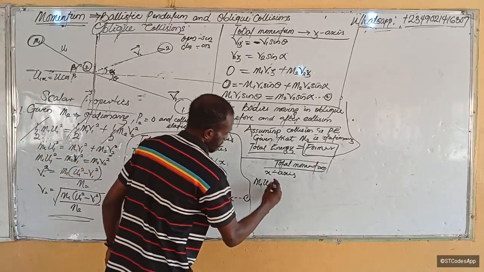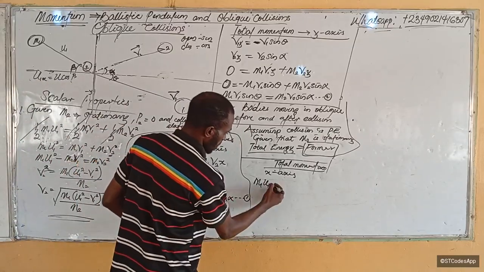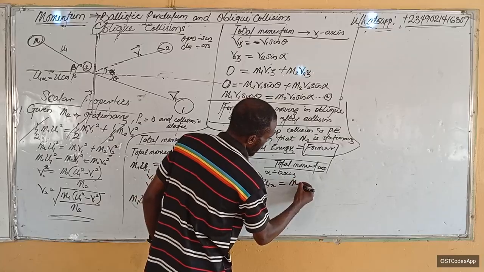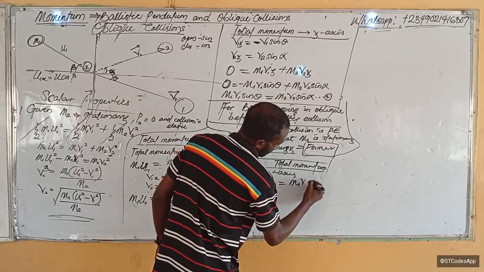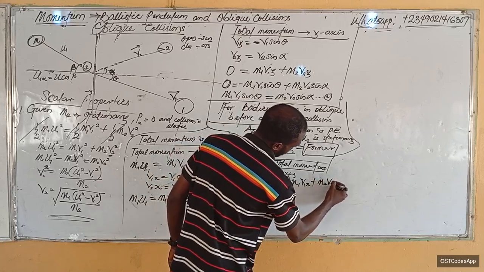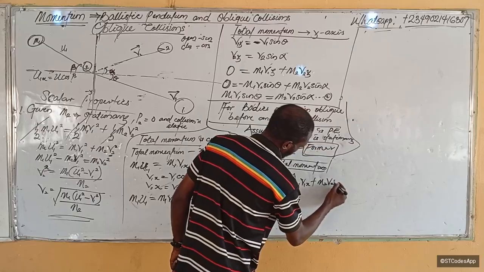U1 cos beta. So U1x is equal to the momentum after collision, which will now be M1V1x plus M2V2x.